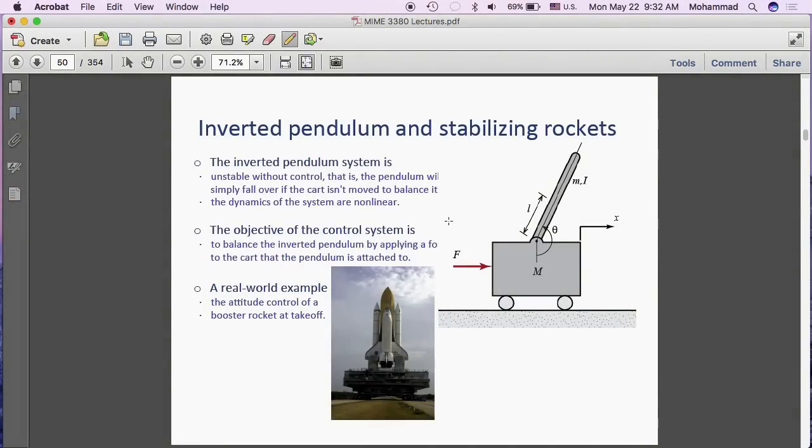Okay, this is a practical example of the problem we solved. Any projectile that you want to fire, at some point you have to let it go before you fire. And this is true for things we send to space. At the very end stage, when you release the booster, you have to be able to maintain its position.